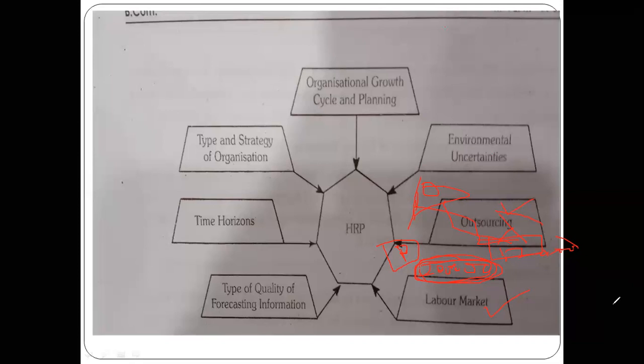For example, let us take the CII, the Confederation of Indian Industry. This is an association of Indian industries. It estimates that by 2015, India will be requiring 30 million additional skilled workers in sectors such as healthcare, banking and financial services, retail, auto, construction. It is doubtful whether so many skilled workers would be available in the country.